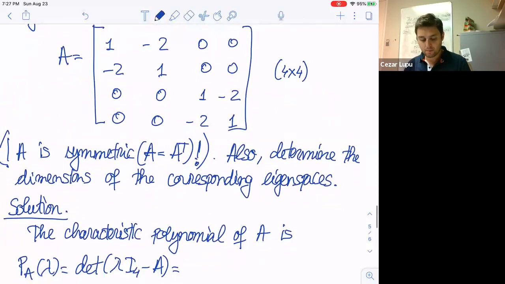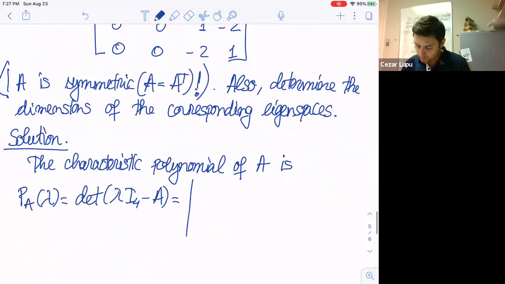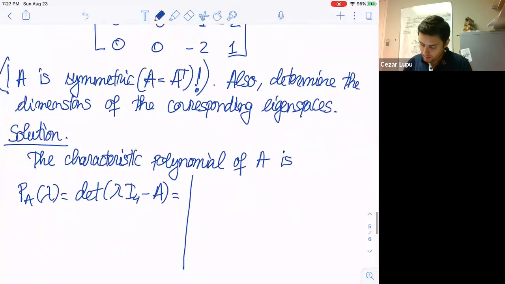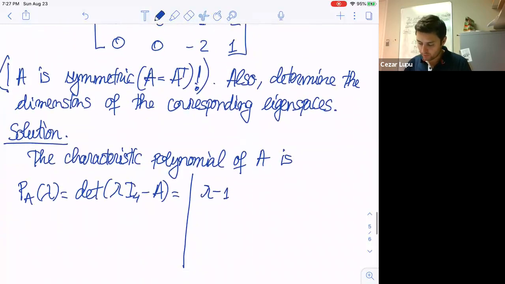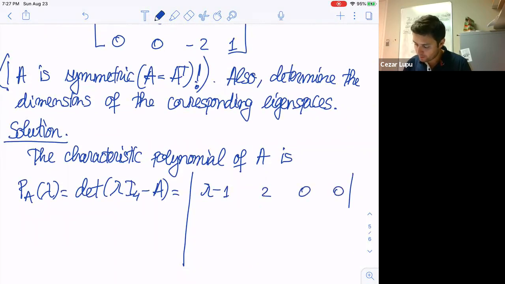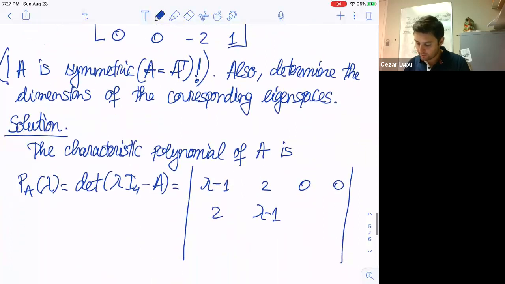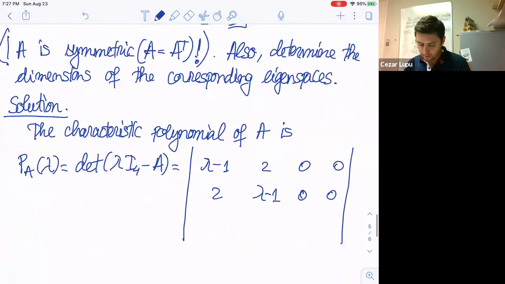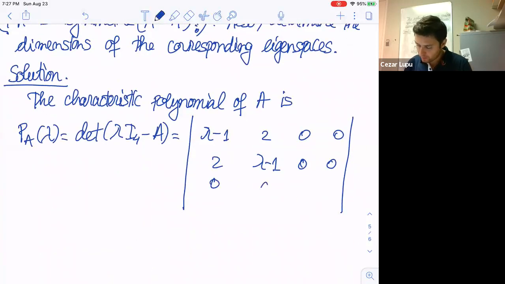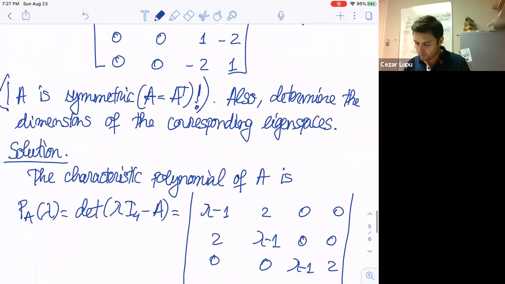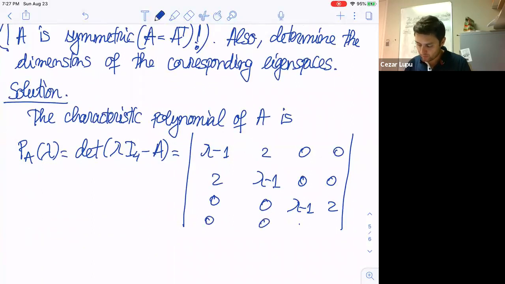So it will be the determinant of the following: lambda minus 1, 2, 0, 0. Actually, it's not that bad. 2, lambda minus 1, 0, 0. And then you'll have 0, 0, lambda minus 1, 2. And the last one will be 0, 0, 2, lambda minus 1.